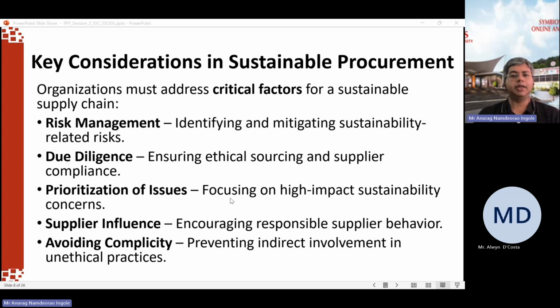Whatever we are asking them, like sourcing ethically and complying with some of our agreements and sustainability related terms and conditions in our contract, we have to encourage that behavior on the supplier side also, and avoid complicity, preventing indirect involvement in unethical practices. We briefly touched upon complicity earlier, but we will also discuss in the upcoming slides how we can avoid complicity.